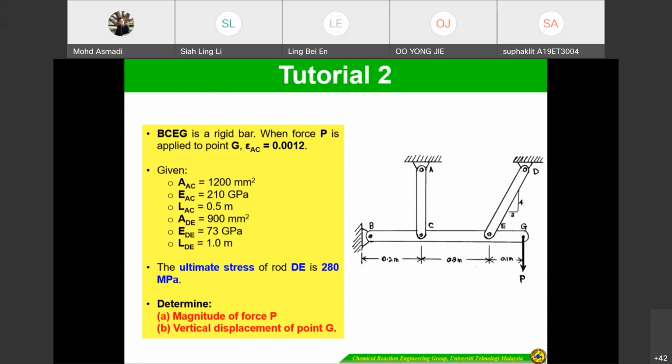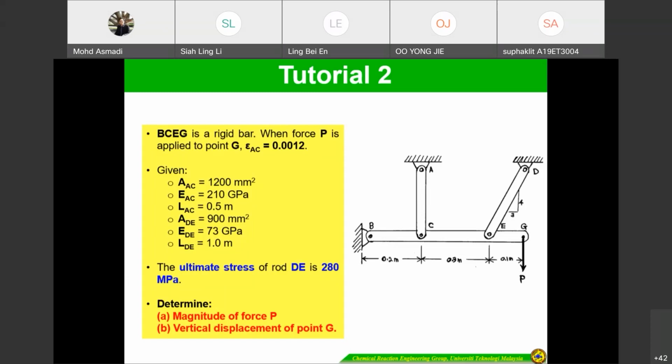Sometimes we have to determine not only the deflections.